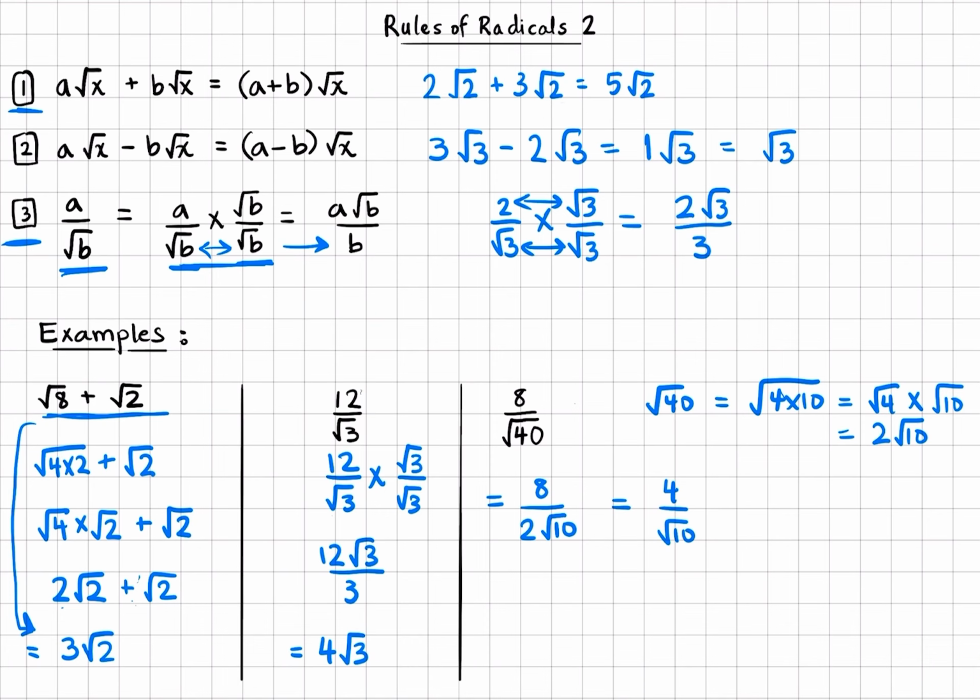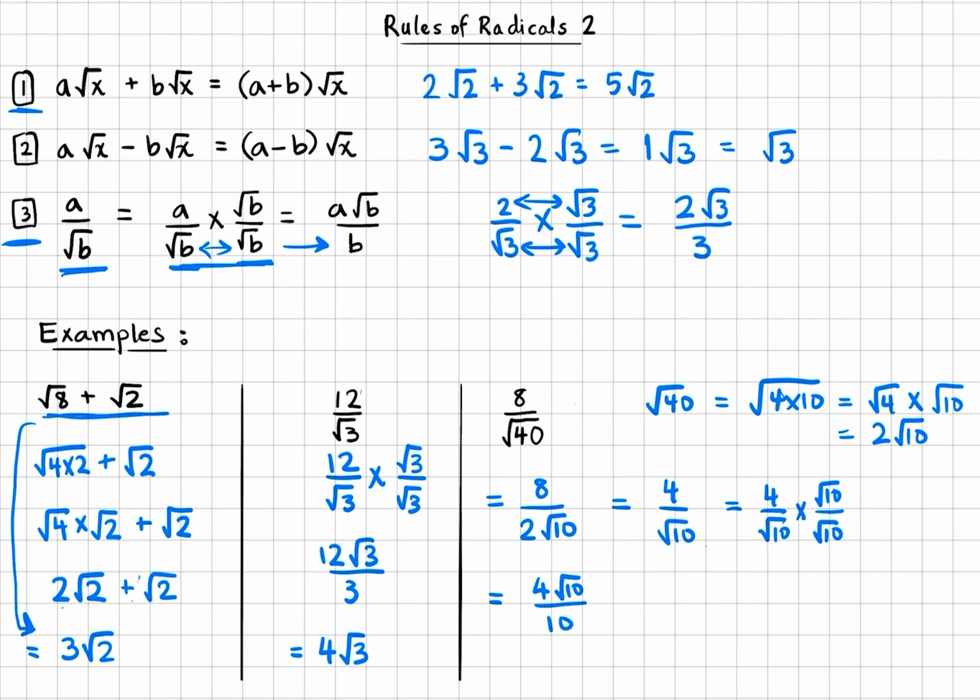And now when I think of multiplying and using rule number 3, I'm multiplying by a smaller number, by an easier number to deal with. So this will turn into 4 over square root of 10 multiplied by square root of 10 divided by square root of 10, which will give us 4 square root of 10 divided by 10.